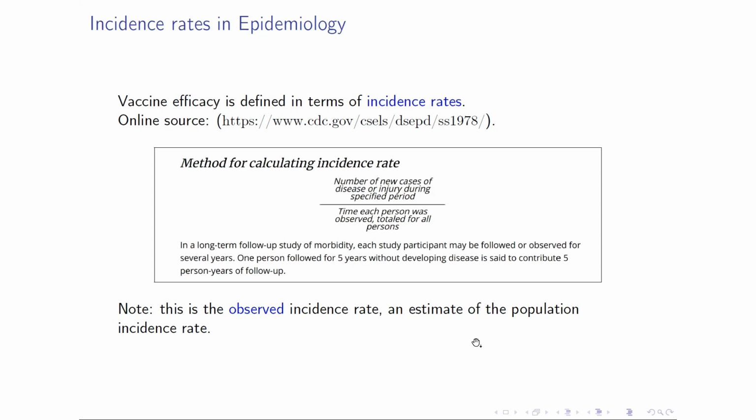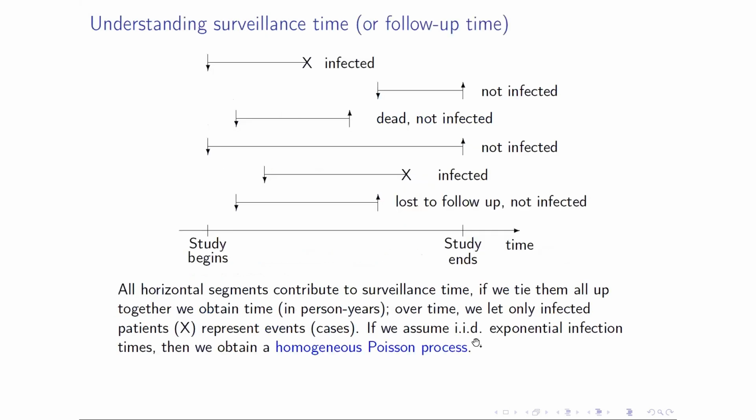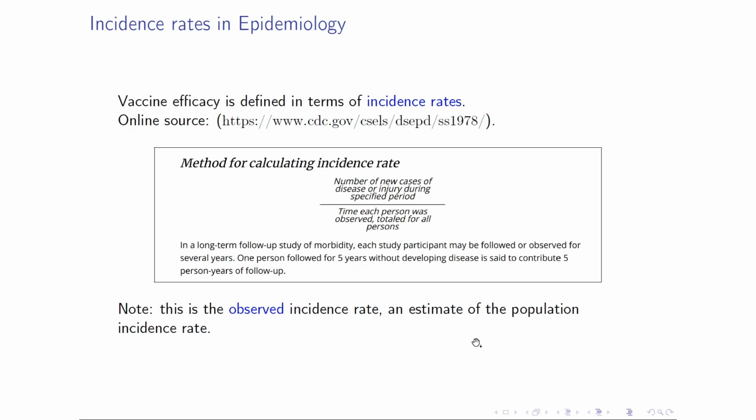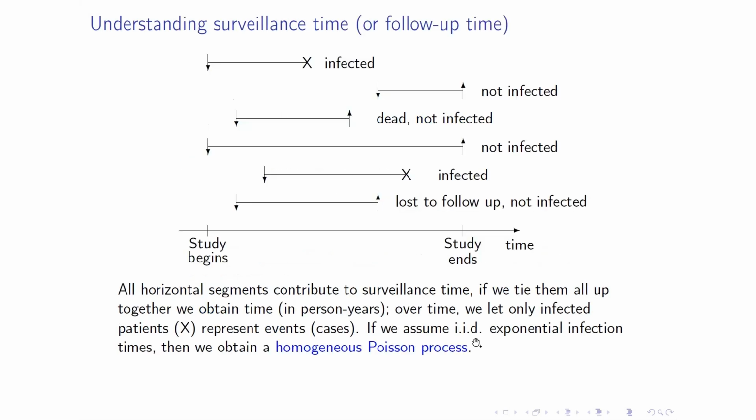And vaccine efficacy is defined in terms of incidence rates. So what does incidence rate mean? I will get to that in a minute. Well, what happens between study beginning and study end is all sorts of different cases. Professor Papengom just talked about censoring, and censoring is the same thing here. Censoring may happen with time-to-event data.